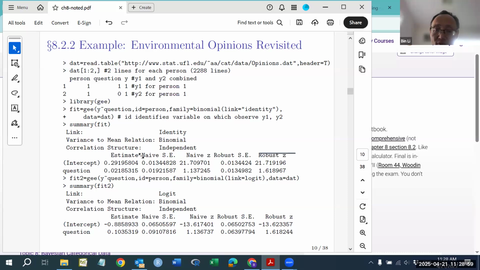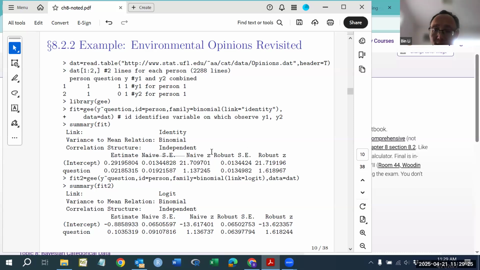So the naive assumes this study has 88 persons answering question 1, and a different group of 88 persons answering question 2. So naive ignores the pairing structure, okay?